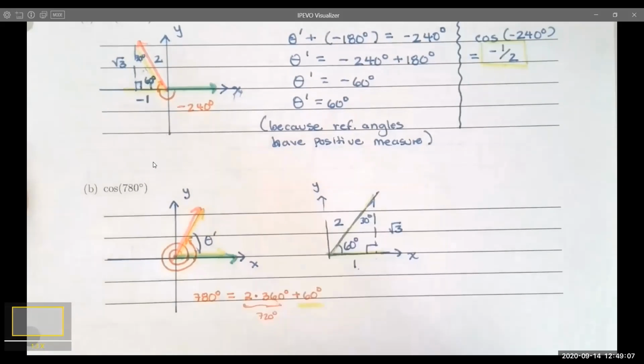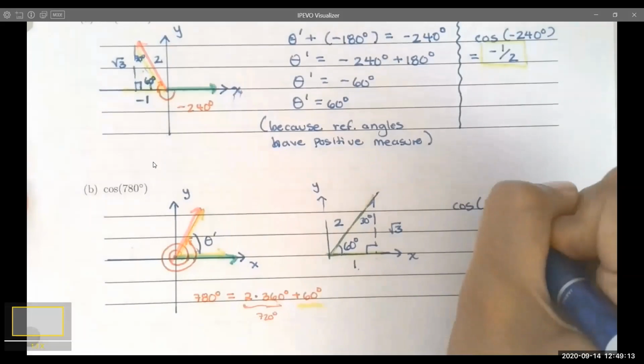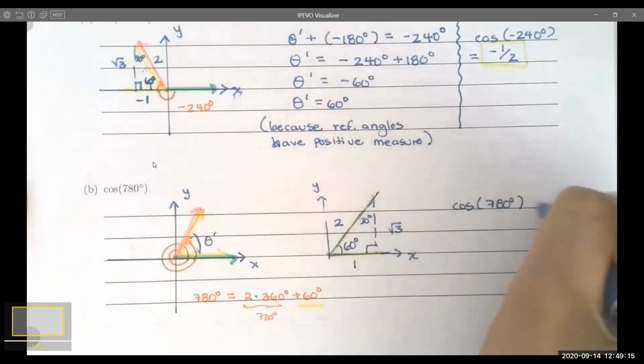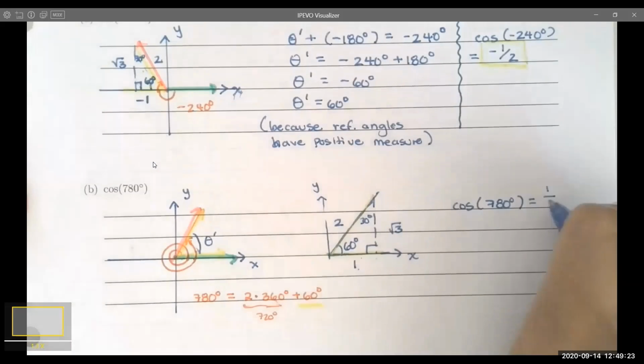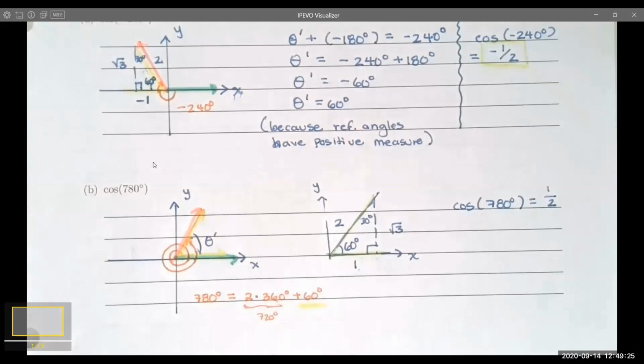So we don't need to change the signs for those. Those are fine as they are. Cosine of 780, we can now read from the diagram. Cosine will be adjacent, which is 1, over hypotenuse, which is 2. So our final answer would be 1/2.